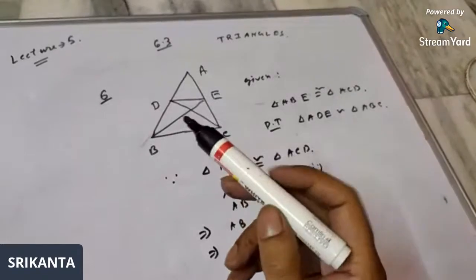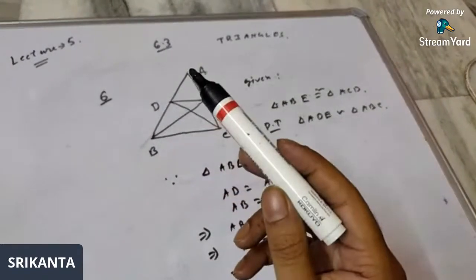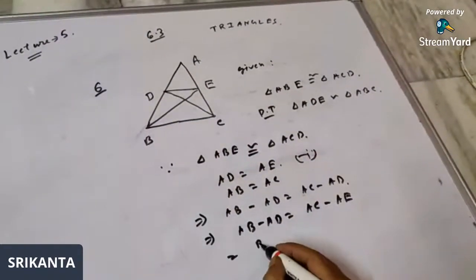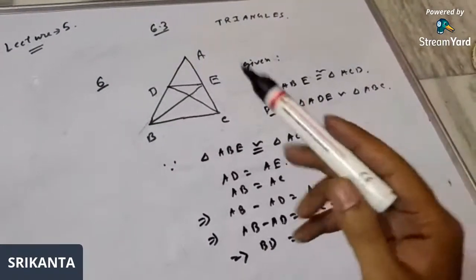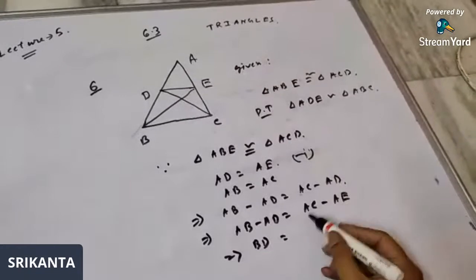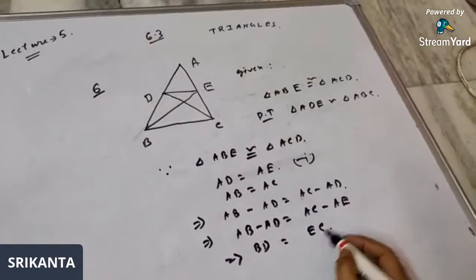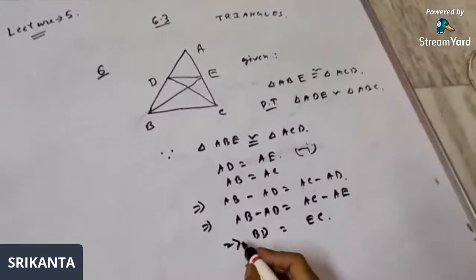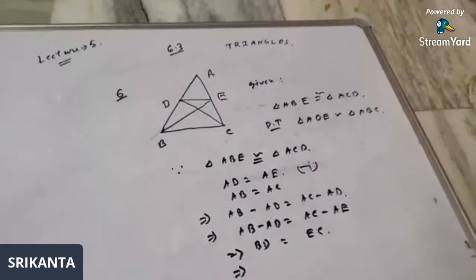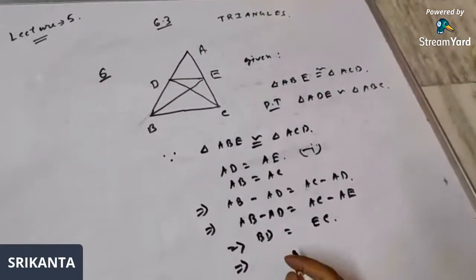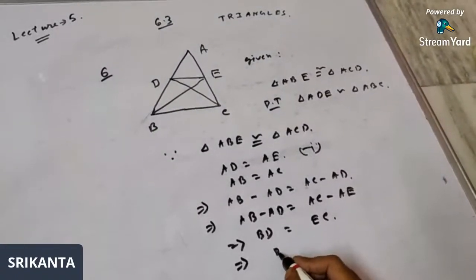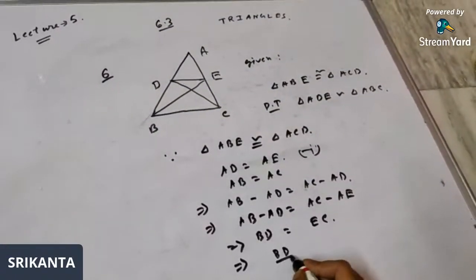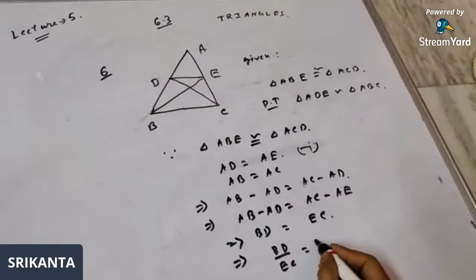AB minus AD becomes BD, and AC minus AE becomes EC, right? So hence we have BD by EC is equal to 1.